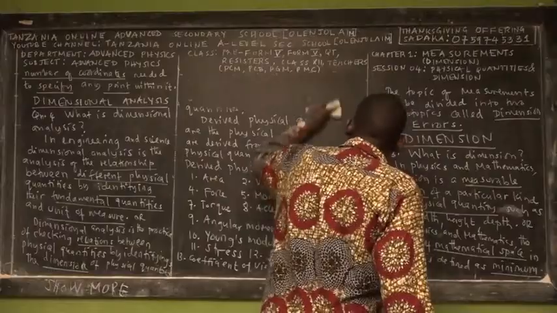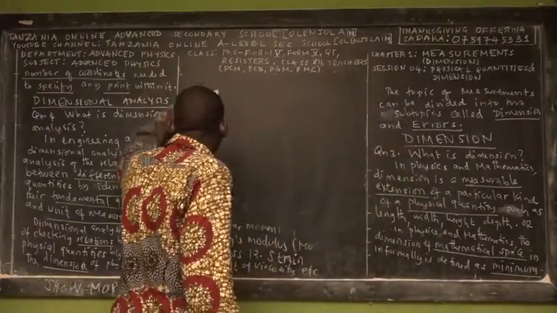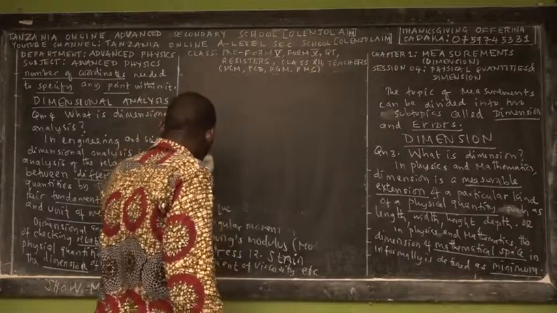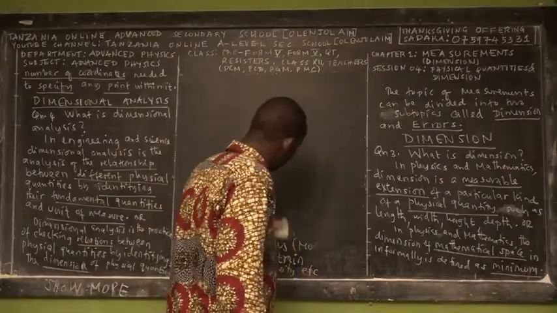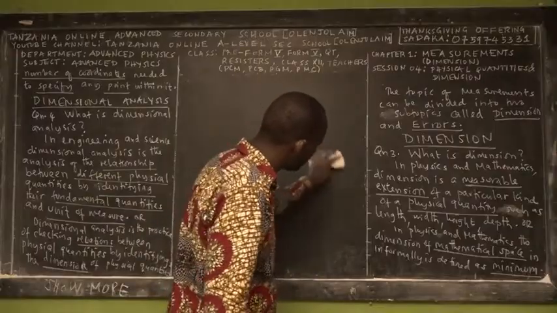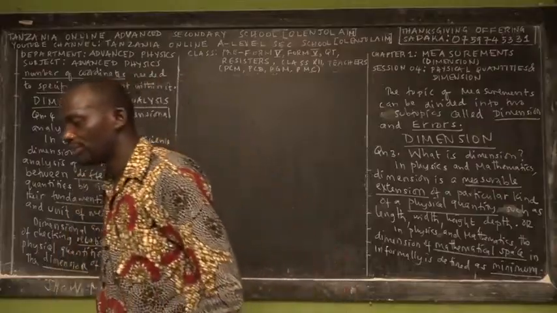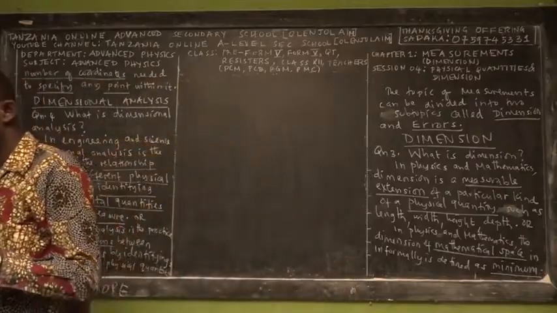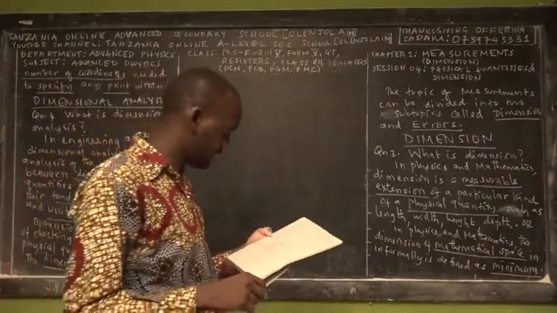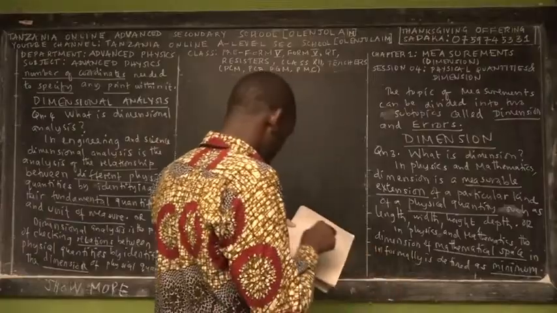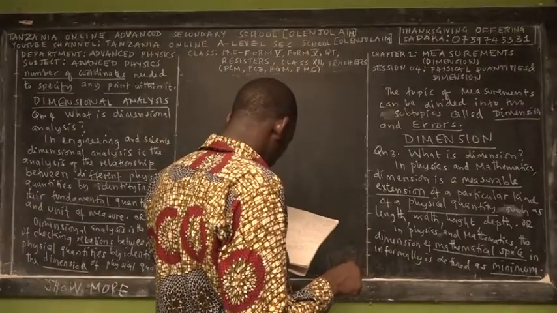So today, you have to remember the definitions of fundamental physical quantities, its examples and its unity, and also the definitions of the relative physical quantities, its examples, and its unity. You have to remember the definition of the term dimension, its examples, and the derivative, its examples, and SI unity.